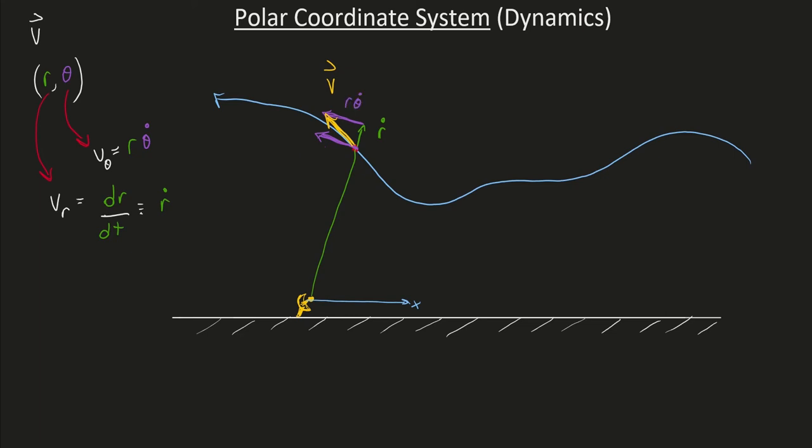So if I calculated this number and it was like a 2, and I calculated this number and it was a 3, I would have to do Pythagorean theorem to figure out the length of my hypotenuse, which of course is my speed, the magnitude of my velocity vector. And that would be radical 13 meters per second.